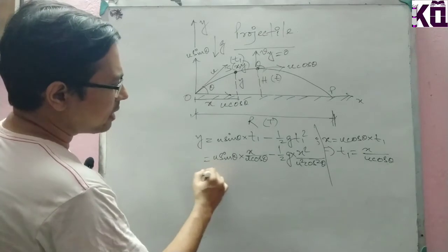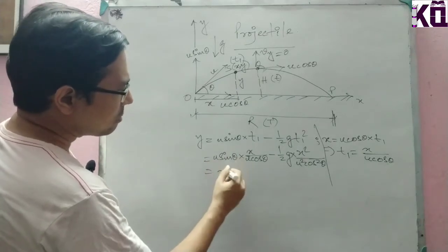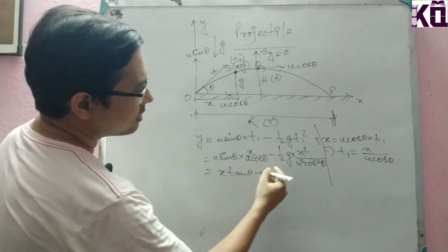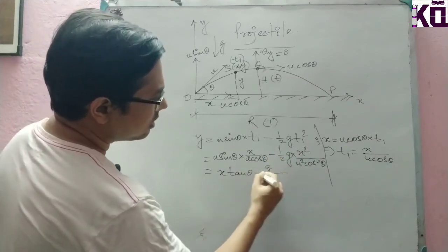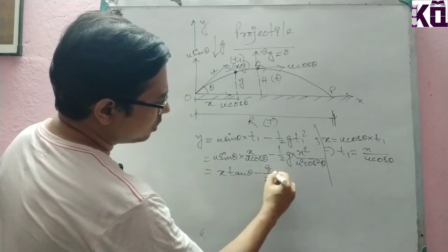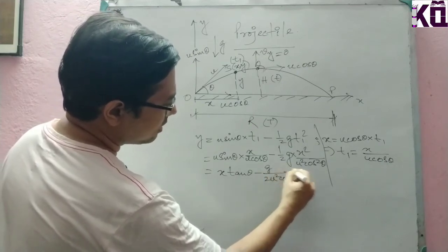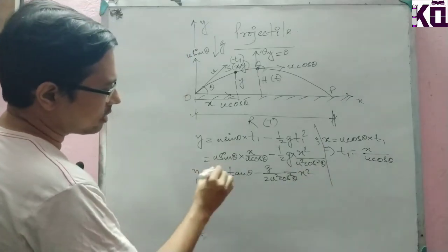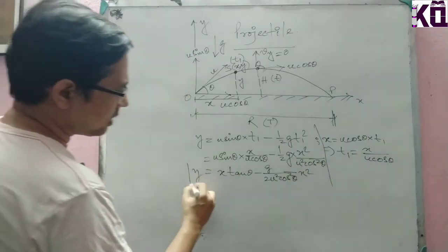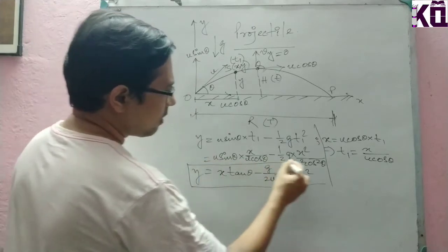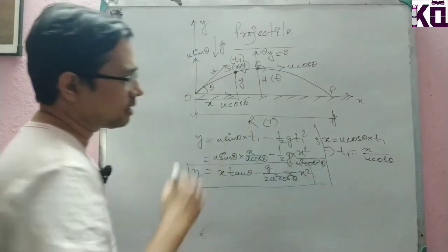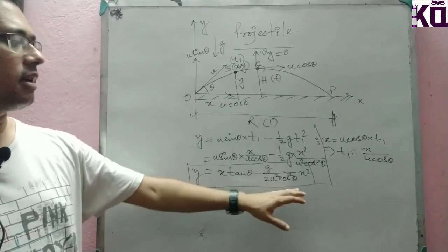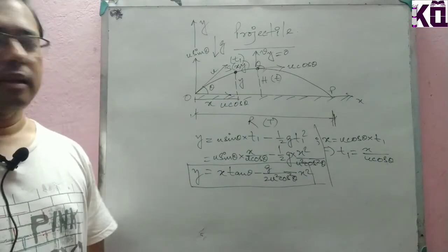Simplifying, the expression is y equals x tan theta minus g by 2 u square cos square theta into x square.